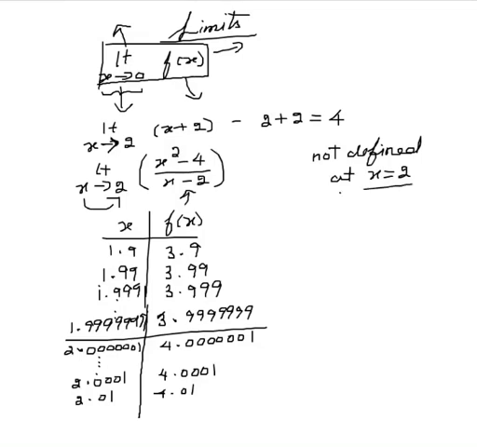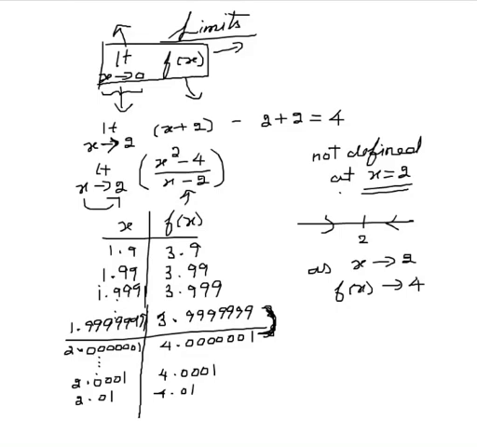So we are approaching this value 2 from the left hand side of 2 as well as from the right hand side of 2. In that case, the f of x approaches 4. So we can say that as x approaches 2, f of x approaches the value 4.